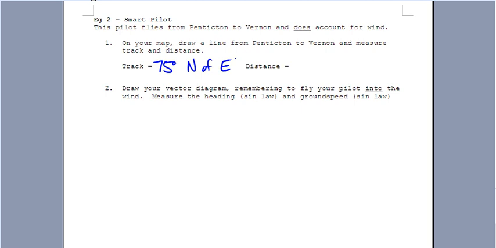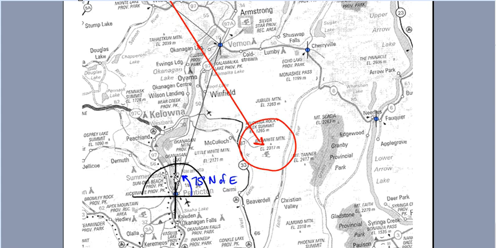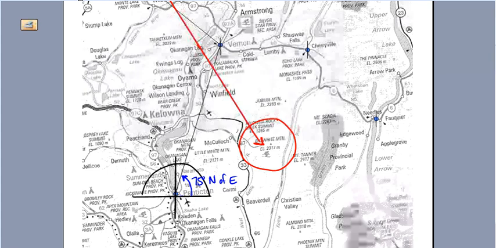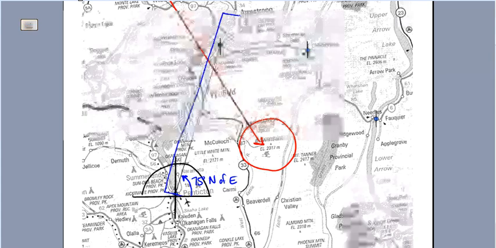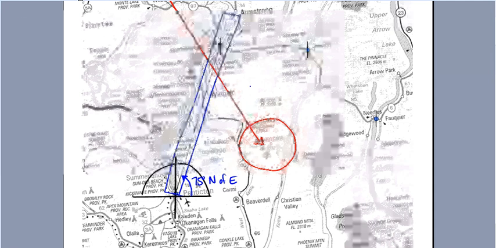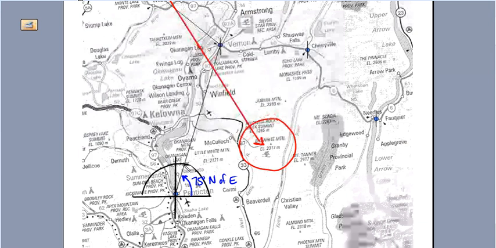We also need to measure the distance between Penticton and Vernon. So back to the map. You're simply going to lay your ruler on top here and measure how many millimeters it is from Penticton to Vernon. And if I try that out, you can't see me doing it, but it looks a lot to me like about 97 millimeters.